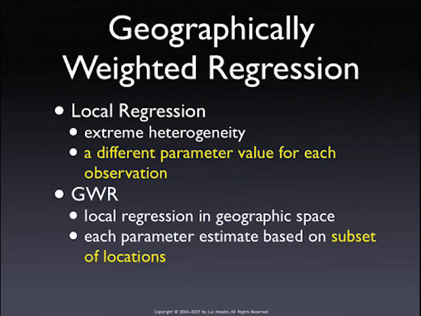Every observation has its own beta i. And how do we model the variability in the beta i? Rather than modeling that variability through some auxiliary variables, as in an expansion method, or at multiple levels, as in multi-level modeling, we let the data determine the variability.